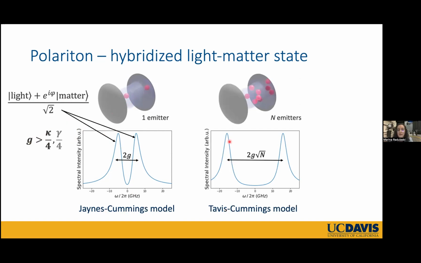What happens here is that the light and matter interaction scales with the square root of N, where N is the number of emitters in the system. So these polariton peaks are going to be split by 2g square root of N. And so now our condition is relieved, and we can look to have g square root of N, rather than g, be larger than kappa over 4.